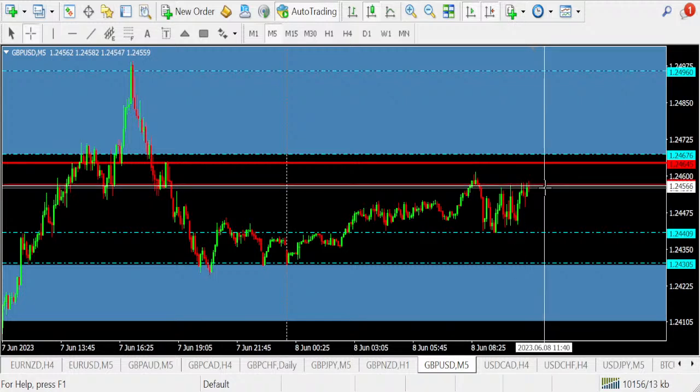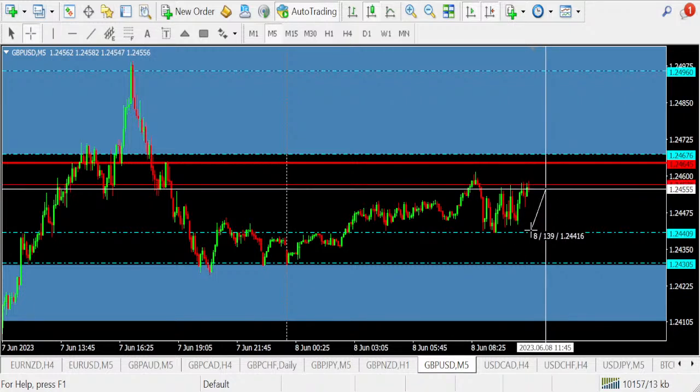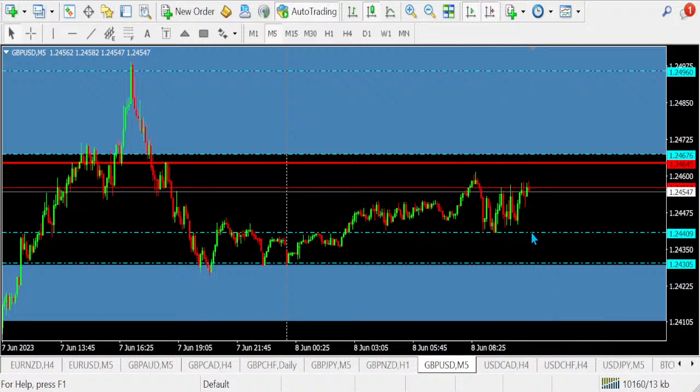Anyone want to take a risk to sell this pound dollar to this area here? No lah, I think better not, right?